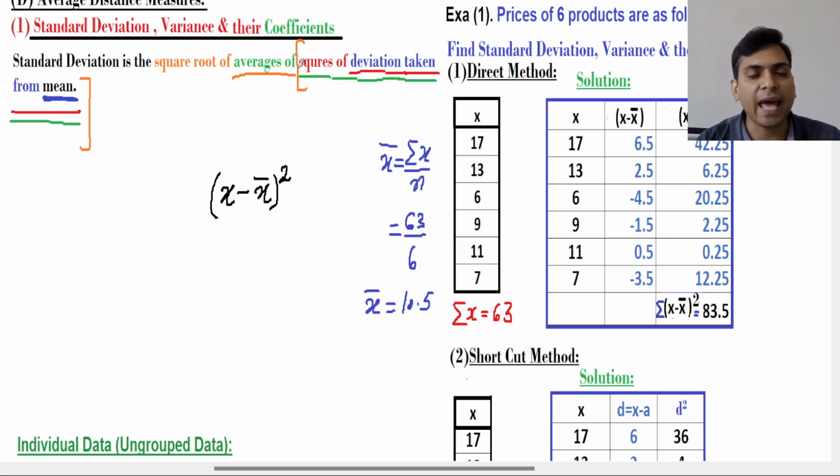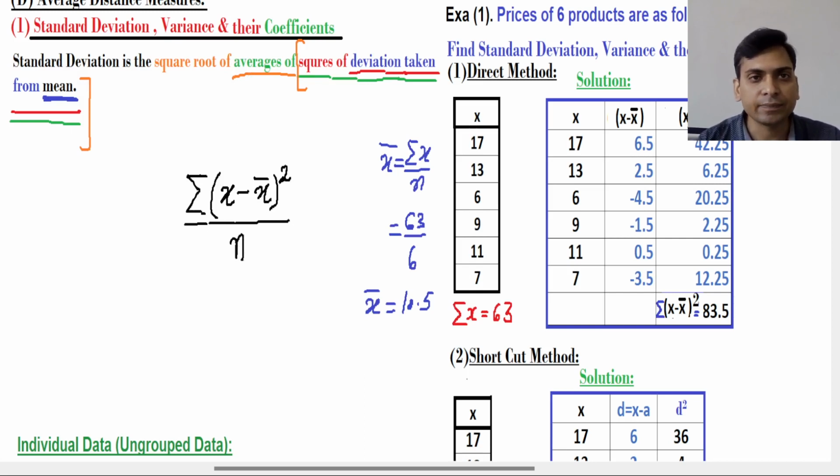Now in this case, the average of squares of deviations are these terms, so we need to find their average. Simply, we will add these terms and then divide the summation by the number of observations, because we are finding the average. Average means summation divided by the number of observations.